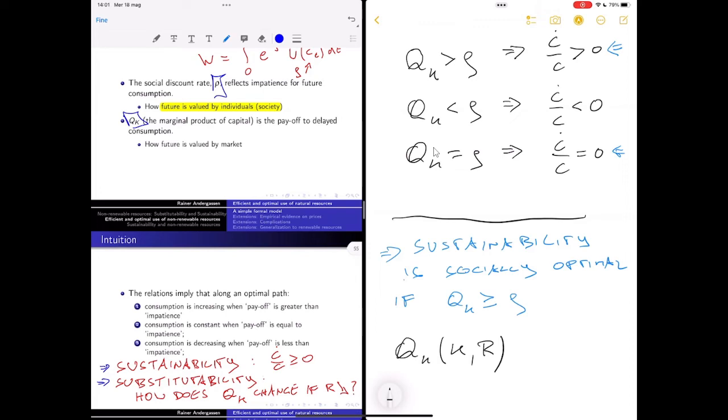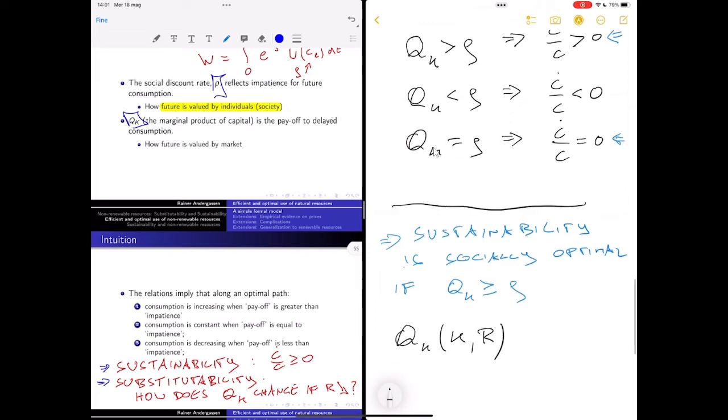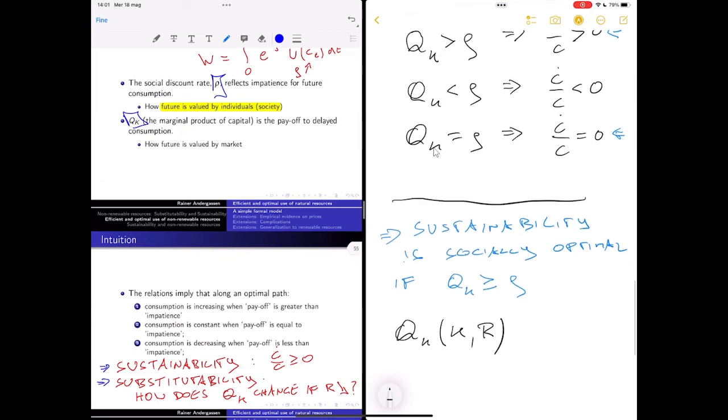And we know the following. Because my resource is finite, I'm going to extract over time a lower and lower amount. So R_t is decreasing over time.